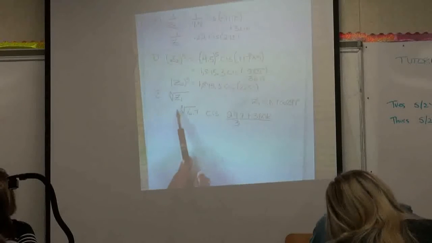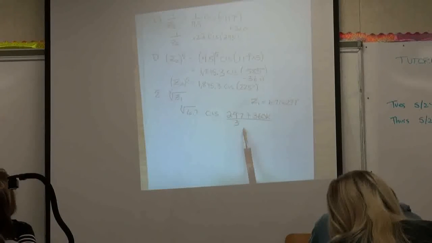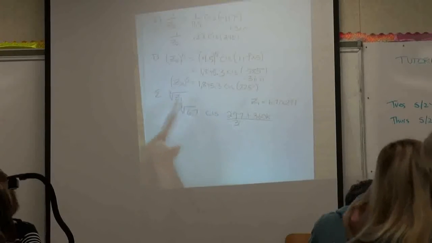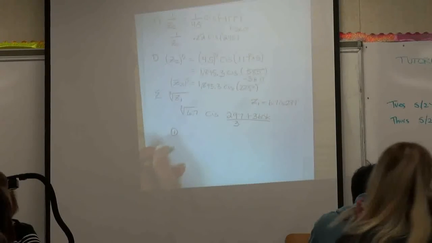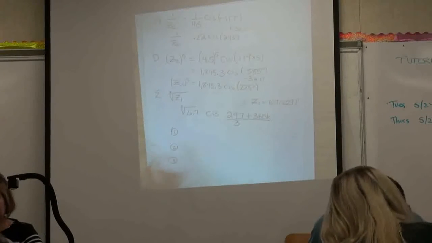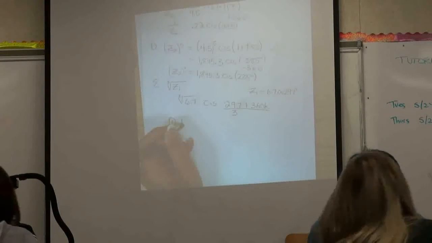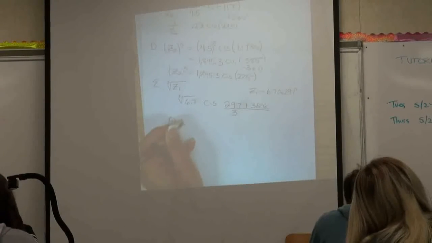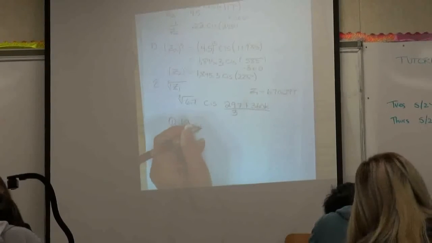To get 3 answers, though, you divide by 3. So what is the cube root of 6.7? 1.88. So 1.9 cis.